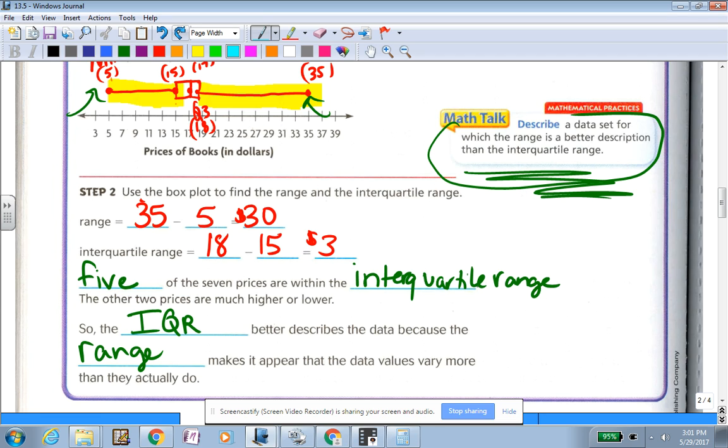But if we notice these long lines to the max and the min, that lets us know there probably was an outlier. And in this case, there were 2, because 5 is well below the 15, 16, 17, 18 range where we have our interquartile range, and 35 is well above. So you can go ahead and annotate those pieces, and hopefully you'll have no problem solving the rest of the lesson.